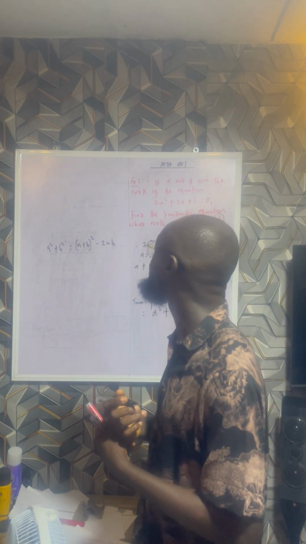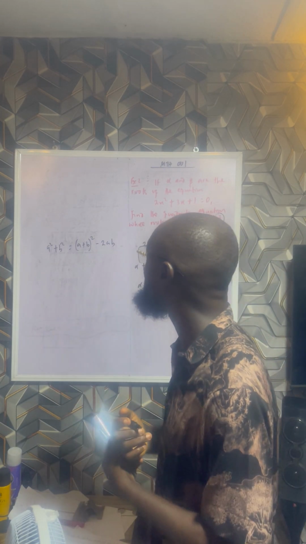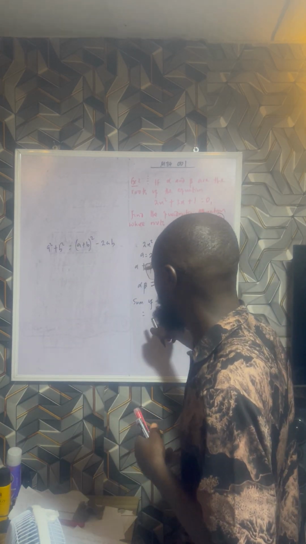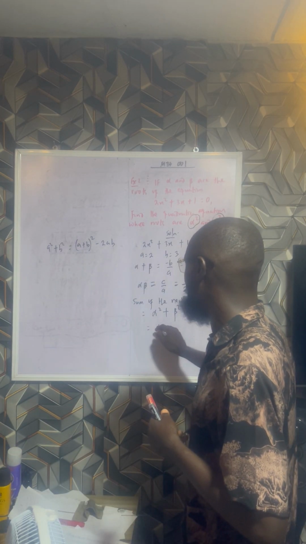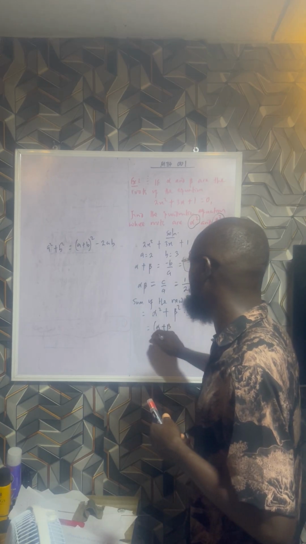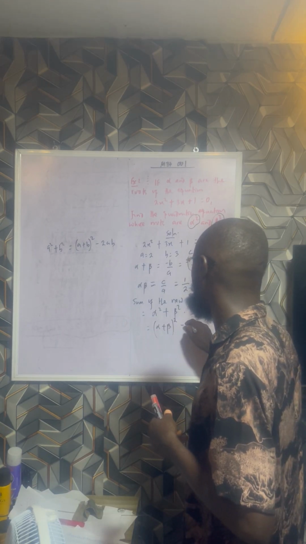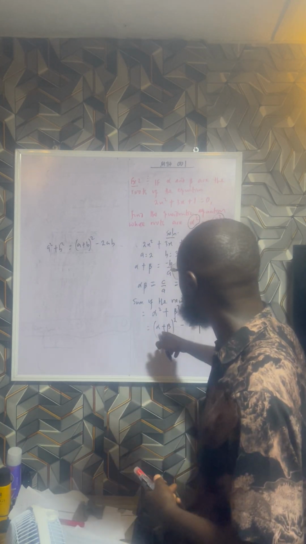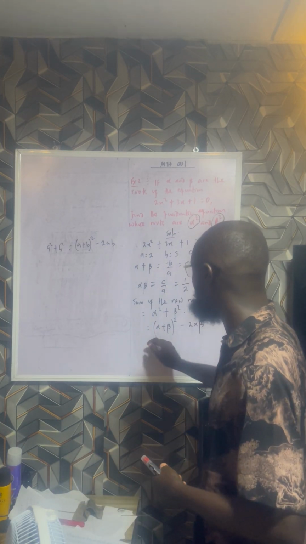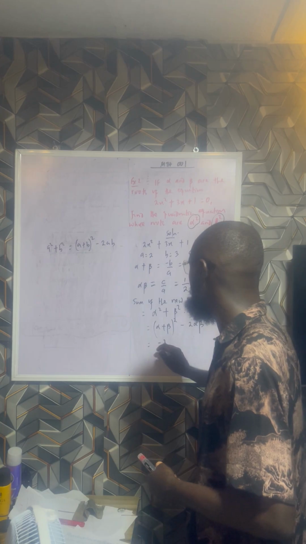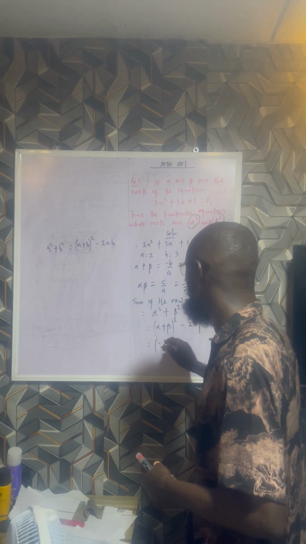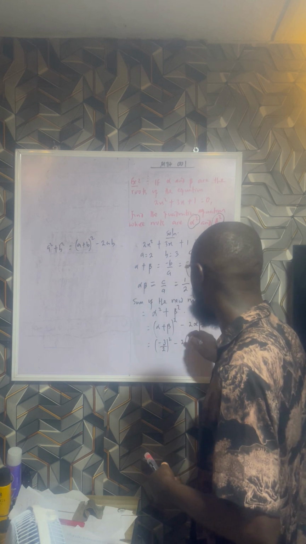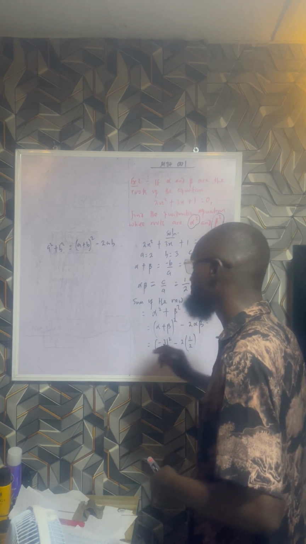If I apply it here, this will give me alpha plus beta, everything squared, minus 2 alpha beta. So I will replace alpha plus beta with minus 3 over 2, minus 3 over 2 squared, minus 2 into alpha beta, which I will replace as 1 over 2.